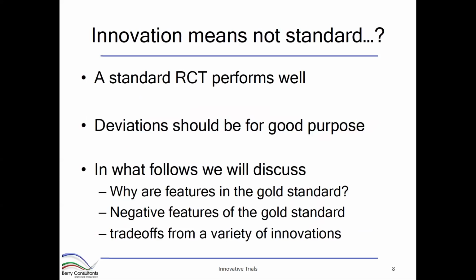We're going to be talking about innovations, about deviations from this space. And so I want to talk about, again, what are the features in the gold standard, what are the negative aspects of the gold standard, and what are the trade-offs from a variety of innovations, really getting at the notion of what parts of this 1946 trial are timeless and we want to keep, and what parts can we do better on that we've improved over time.